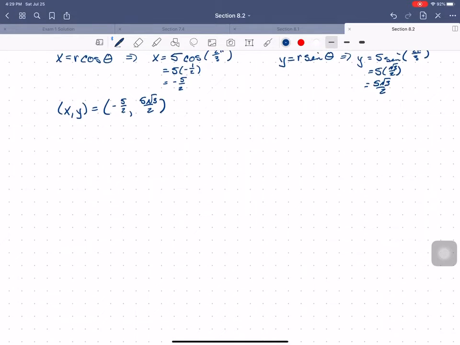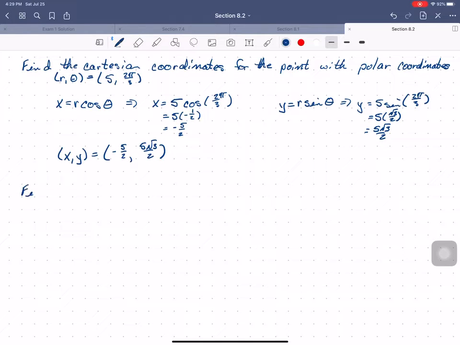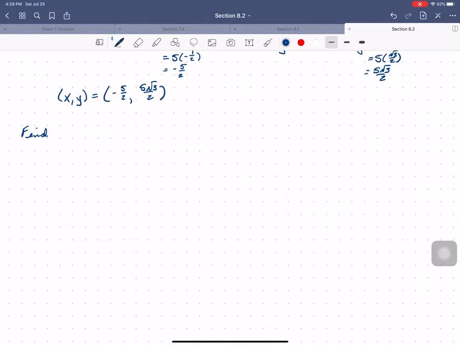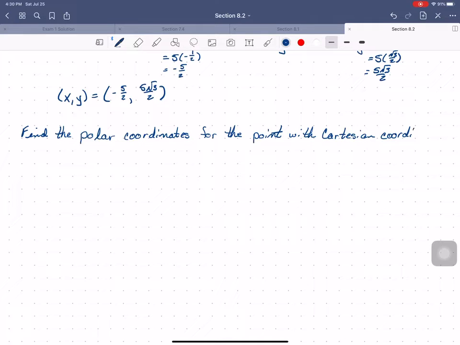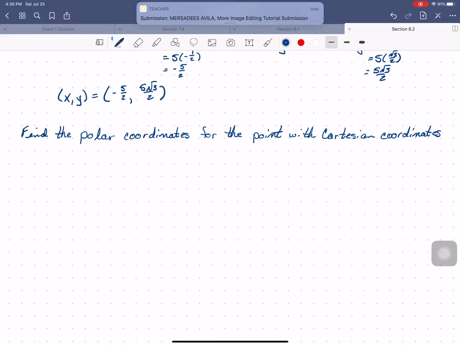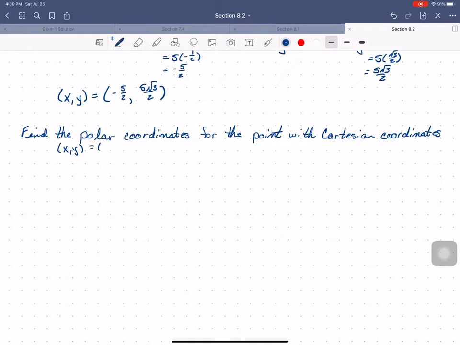Let's find the polar coordinates for the point with Cartesian coordinates xy equals -3, -4. So we're trying to go from xy to r theta.